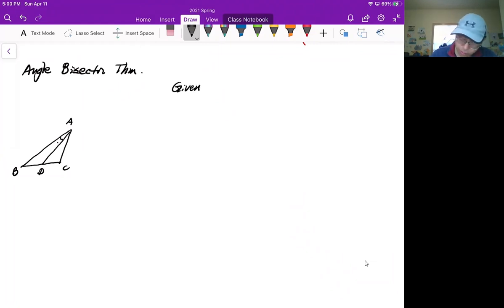Let's say this is angle 1 and this is angle 2, right? Suppose angle 1 is the same as angle 2, it's an angle bisector. Then we want to prove that AB over AC is equal to BD over CD, okay?